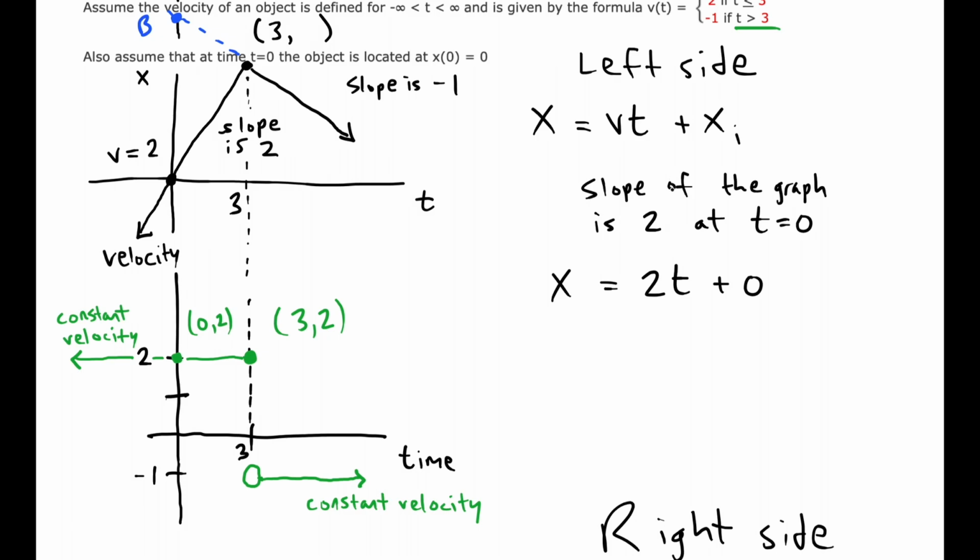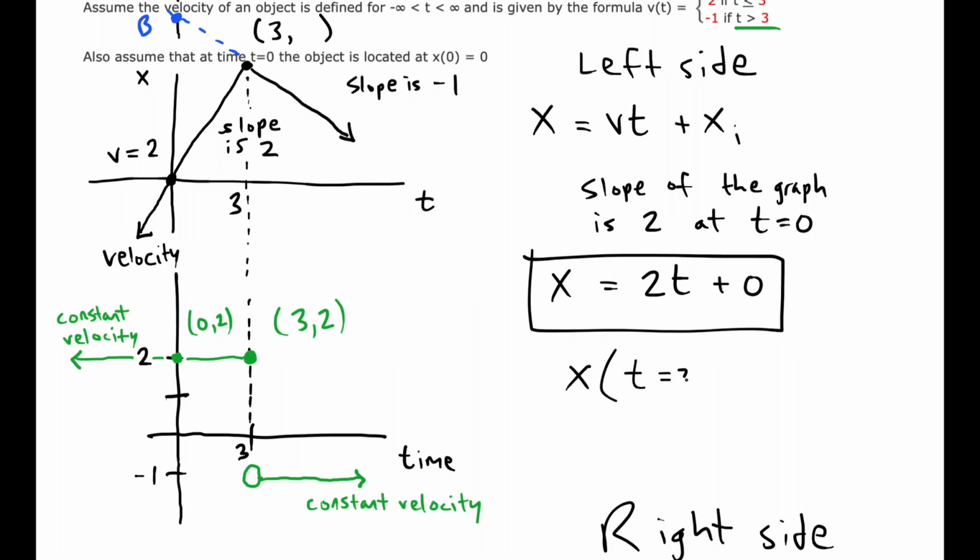So earlier we had a formula for predicting positions based on times. So if you know the time, you could plug it in and get the vertical value. So plug in a t of 3. So x at t equals 3 is going to be 2 times 3 plus 0.